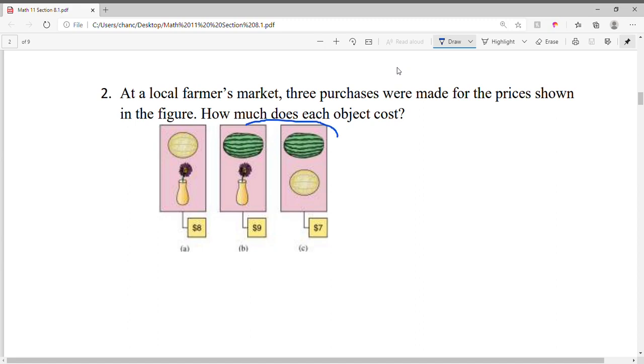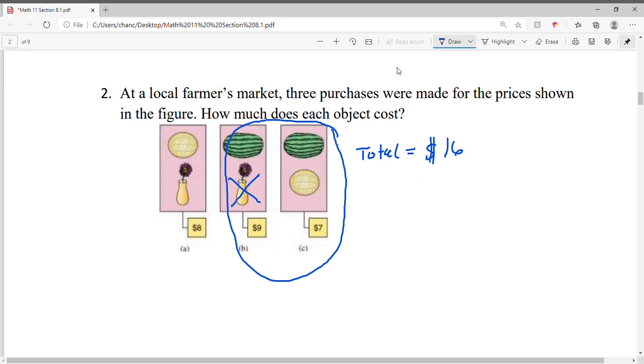Notice that if we add these 4 items together, the total price for these 4 items should be equal to $16. And we know that a vase and a cantaloupe is worth $8. So if we remove the vase and the cantaloupe from the $16 total, that would be a subtraction of $8, which gives us $8.